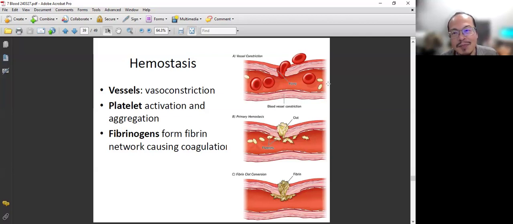We don't see collagen in the blood. Collagen is one of the triggers. When platelets flow through and see the collagen, they get exposed and get activated.